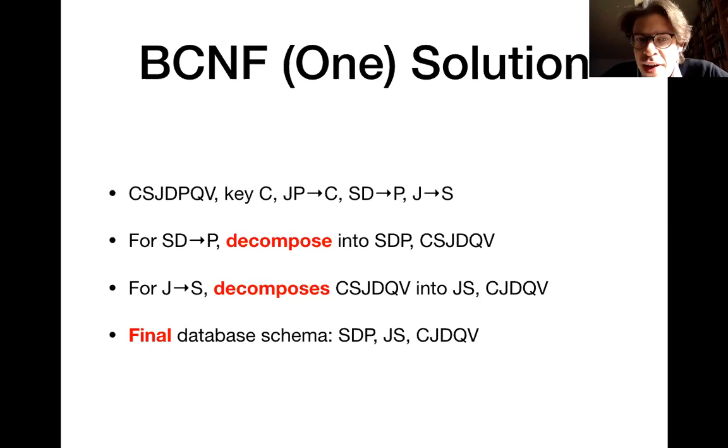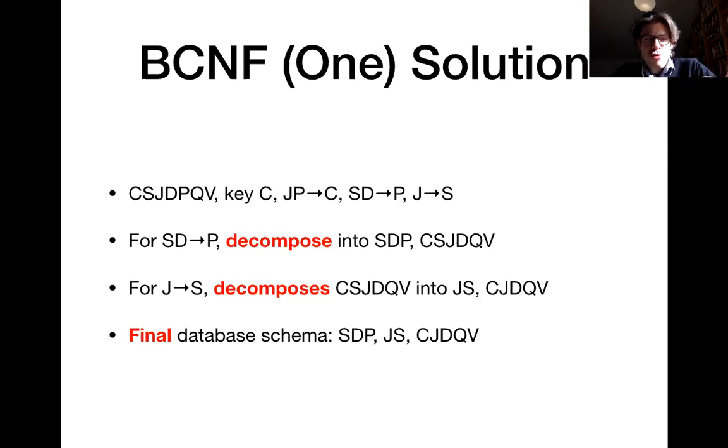And yes, very good question. One functional dependency that we don't have to worry about, for instance, is JP implies C, because C is a key. That means via transitivity, JP is also a key.